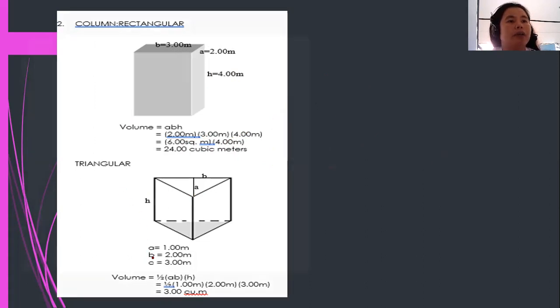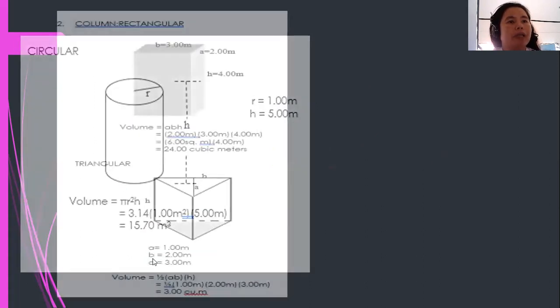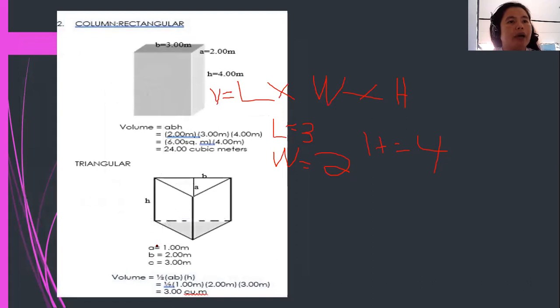Triangular. We have A equals 1 meter, B equals 2 meters, and C equals 3 meters. The formula for the volume of a triangular prism is 1/2 ABH.